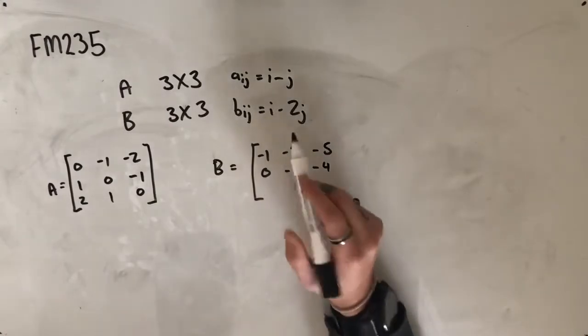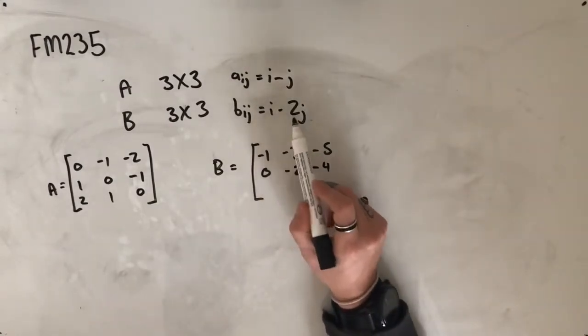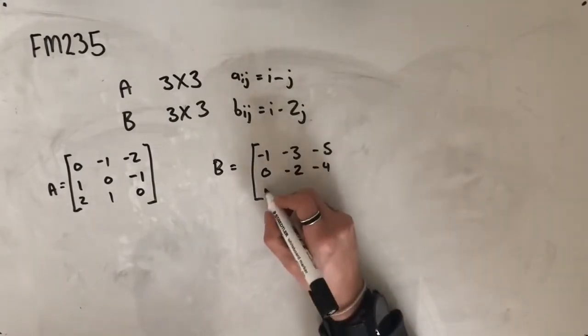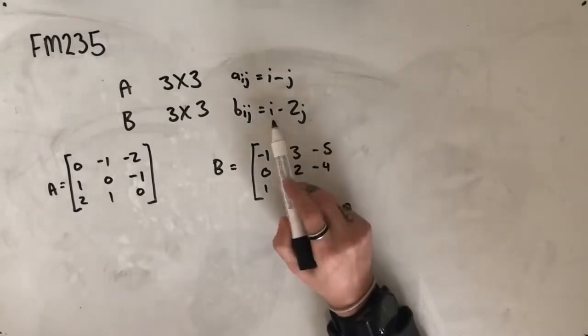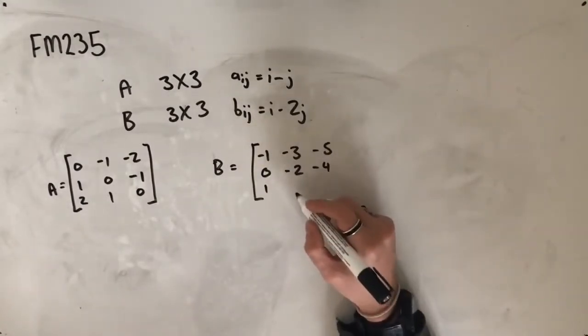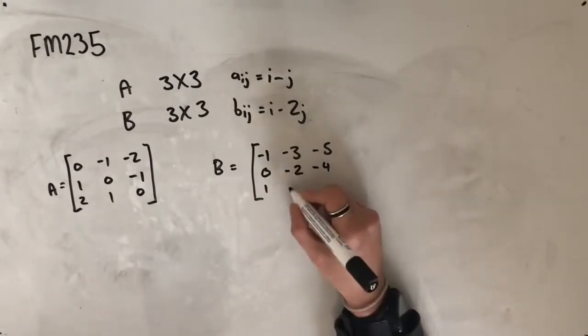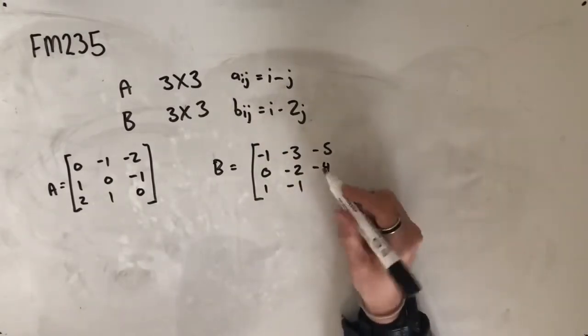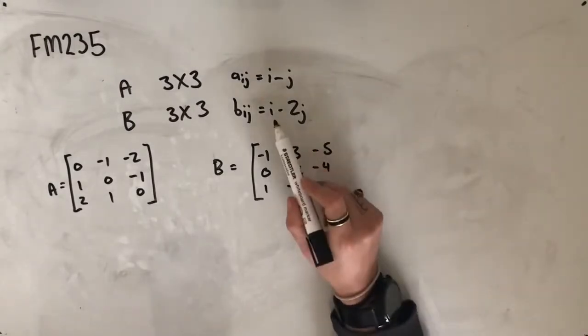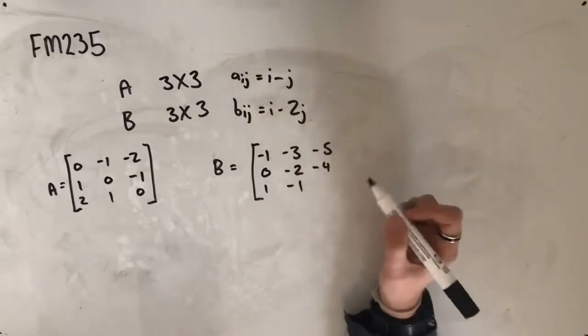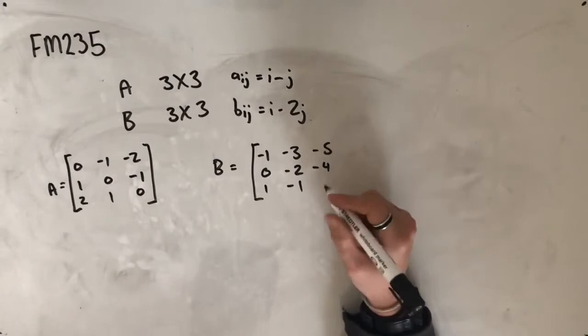Third row, first column, it's going to be 3 minus 2 times 1, so 3 minus 2. In row 3, column 2, 3 minus 2 times 2, so 3 minus 4. And in column 3, 3 minus 2 times 3, which is 6, so 3 minus 6.